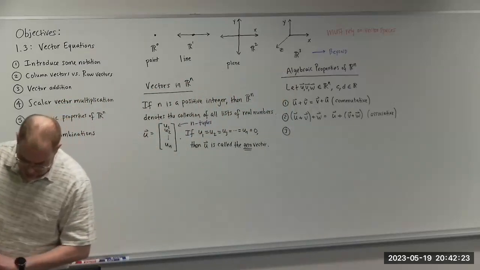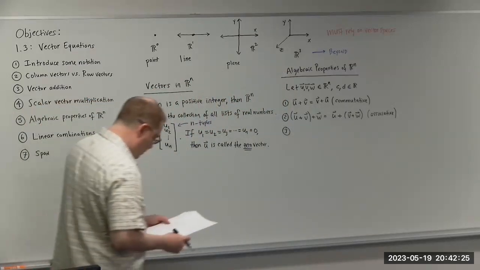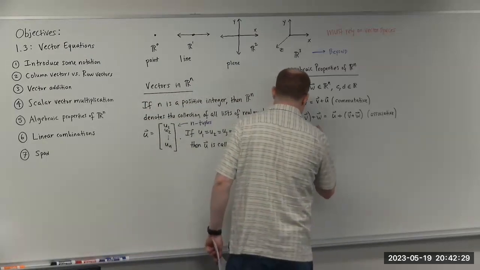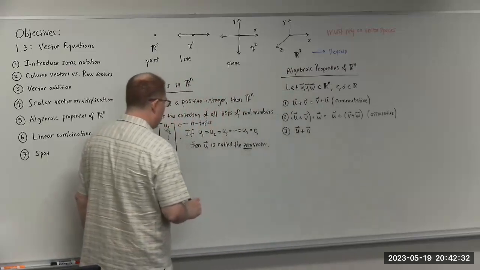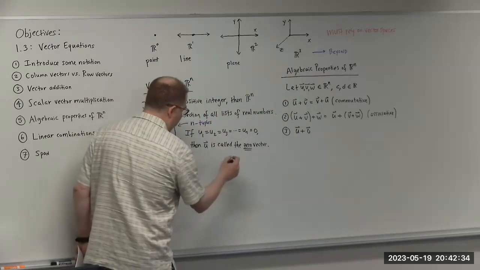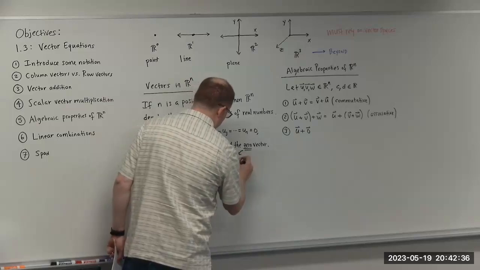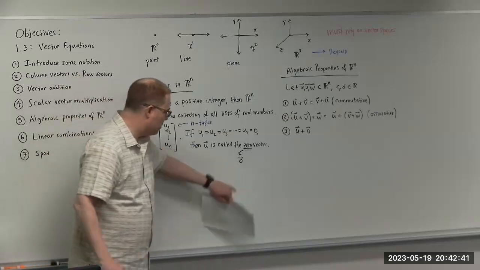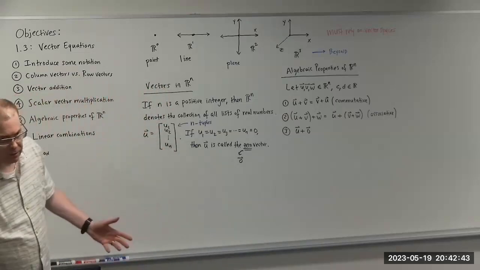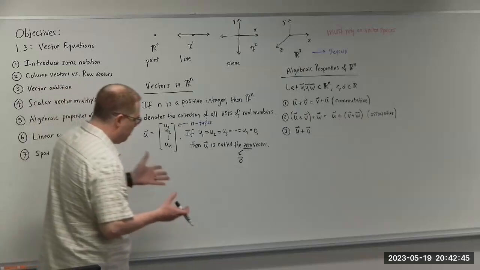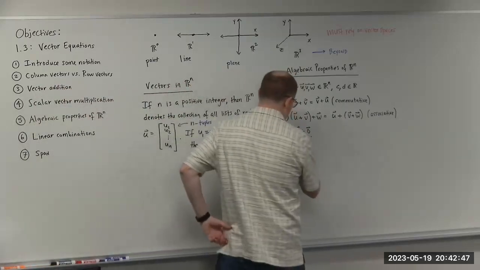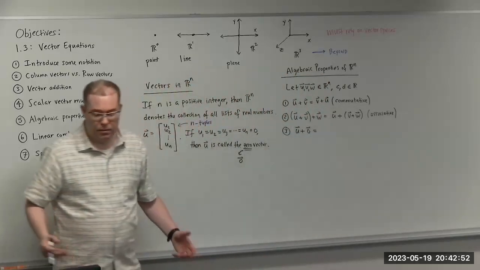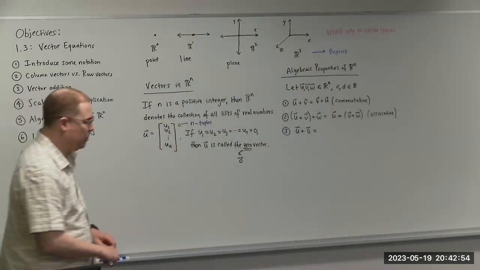Third one. If I take the vector u and add it to the zero vector, which sometimes we denote like this, I'm adding nothing to u, so obviously the result has to be our vector u.